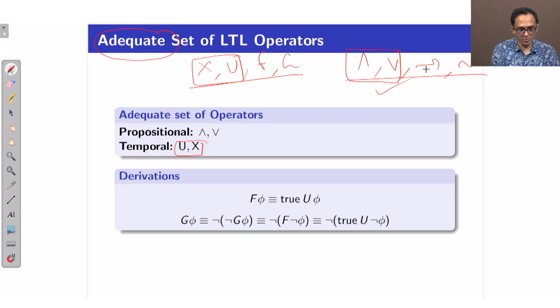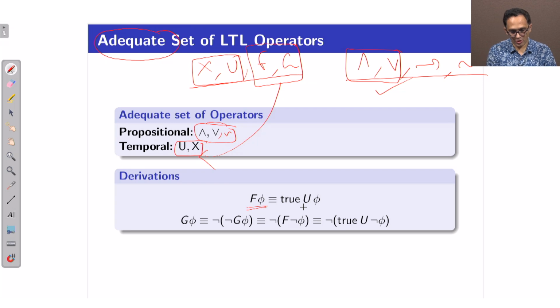So for the propositional operators, probably not also I'll add. And for the temporal operators, only U and X is sufficient, until and next. What does it mean? It means I can represent the future and global operators using U and X. So let's see how I can represent future using until.